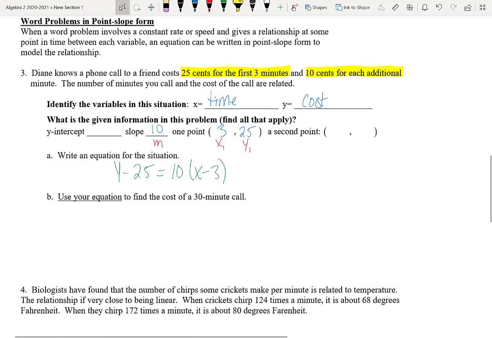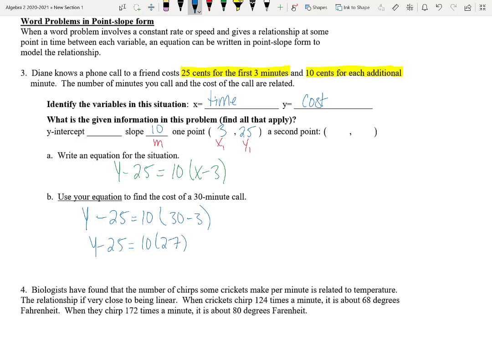For part B, I'm asked to find the cost of a 30-minute phone call, and the 30 minutes, that's our x value, so we're just plugging 30 in there for x. So y minus 25 equals 10 times 30 minus 3. So y minus 25 equals 10 times 27.